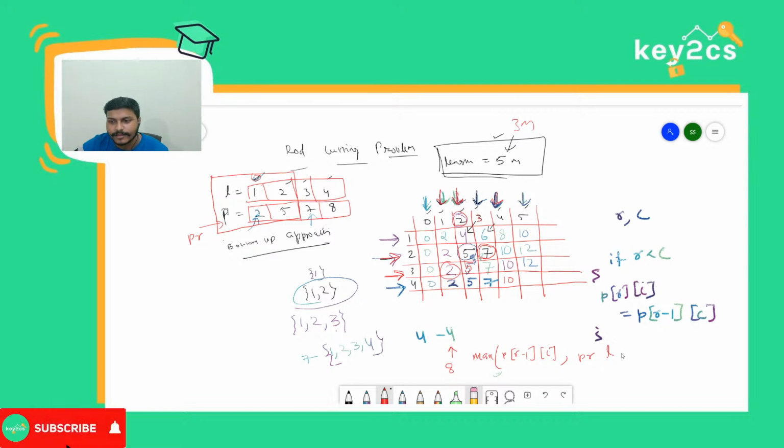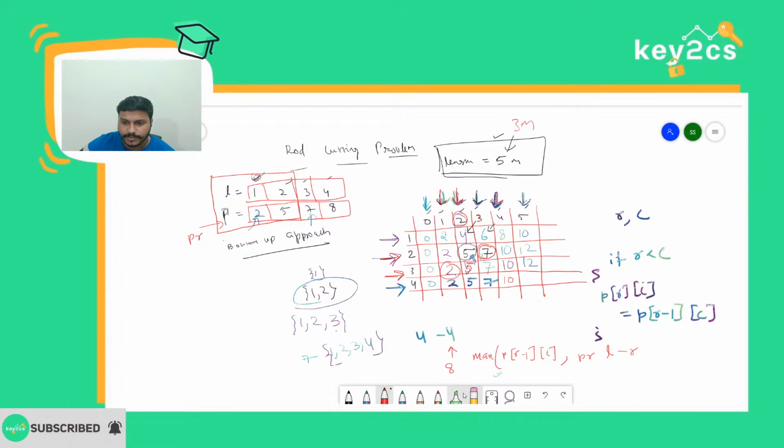Taking the current row value. Are you getting my point? Okay, let me go this way, it might be confusing to you. Just a moment, I'll clear this part.